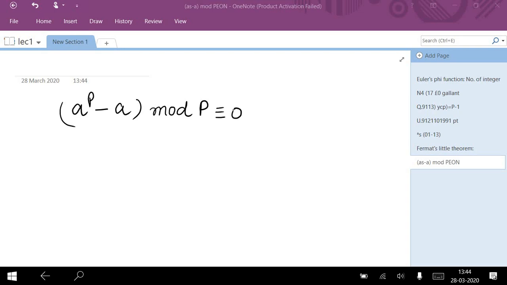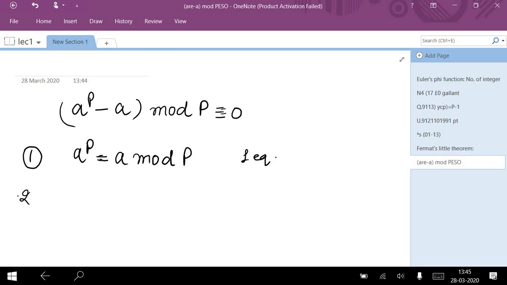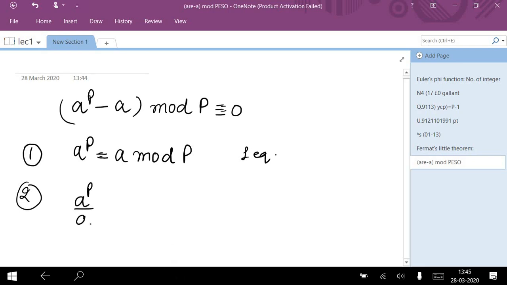If a to the power p minus a gives you an integer which is a multiple of p, means it is divided by p, then you will get the answer 0 after performing the modulus operation. So a to the power p equal to a mod p. You can write this equation this way, and this is Fermat's little theorem first equation. Now the second thing, divide both sides by a. So a to the power p divided by a, and 1 mod p.